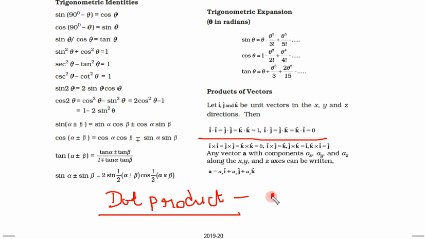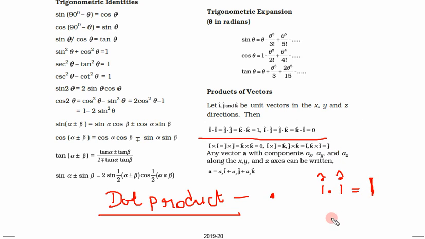We simply represent this by a dot, that's why it is called the dot product. Any unit vector dot product with the same unit vector is equal to 1.